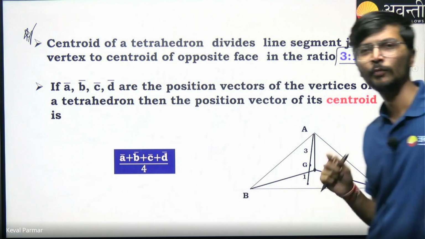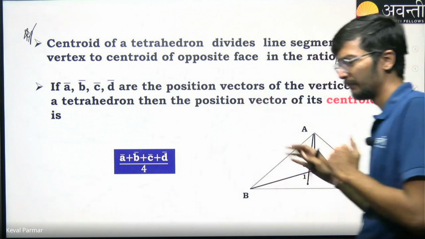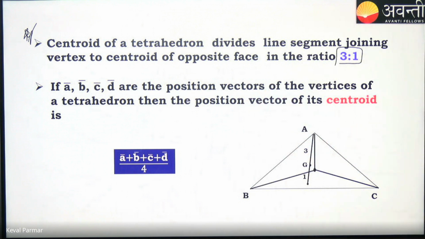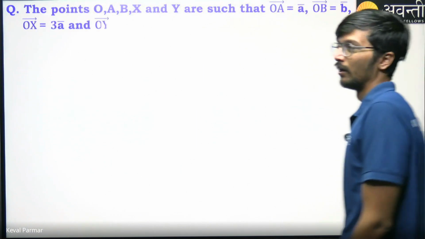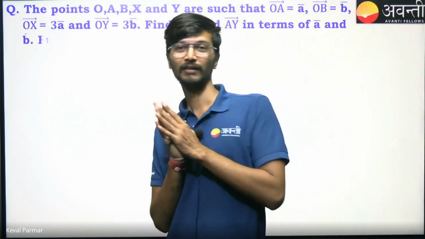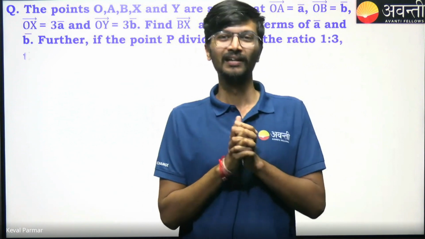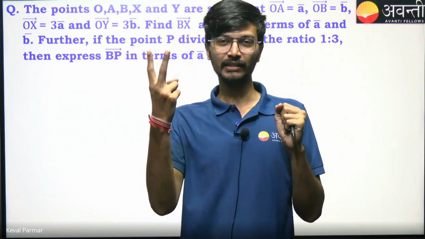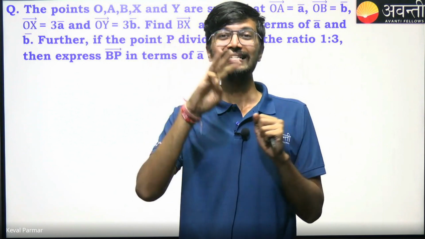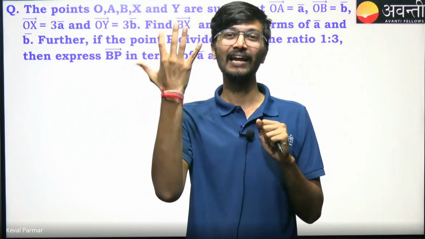You can take a moment and also see the diagram here. Let's move. So this was all about the section formula we have. What we studied? We studied the internal section formula, the external section formula, the midpoint formula, centroid for triangle and for tetrahedron.